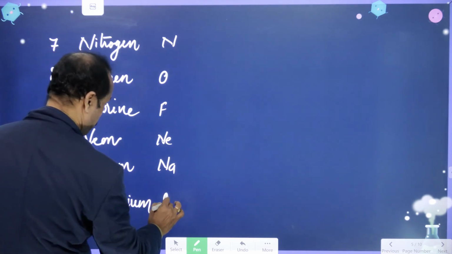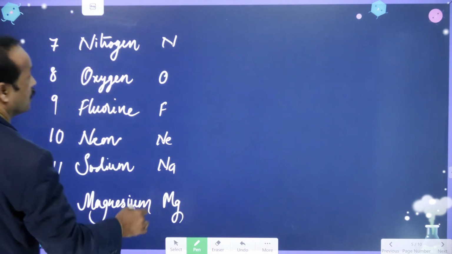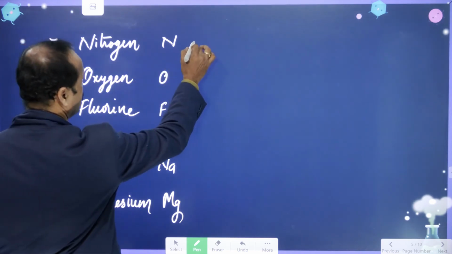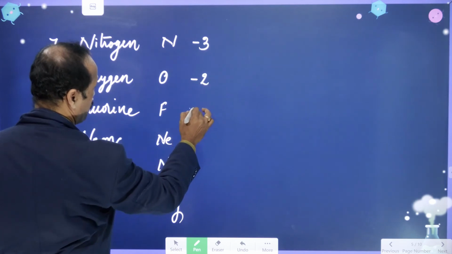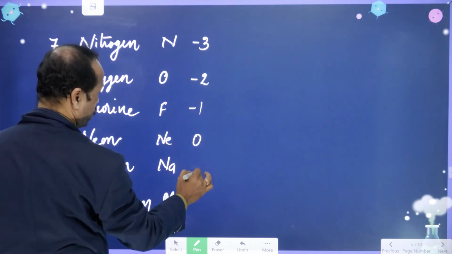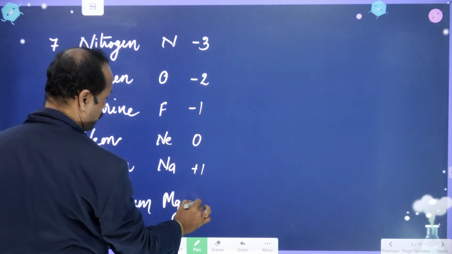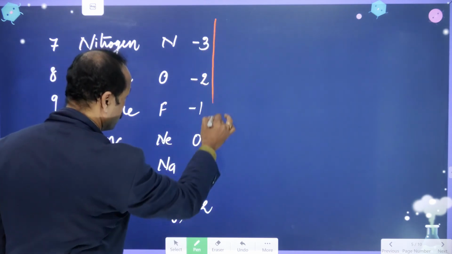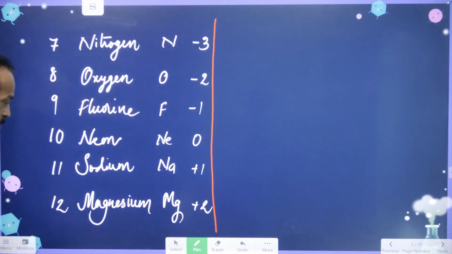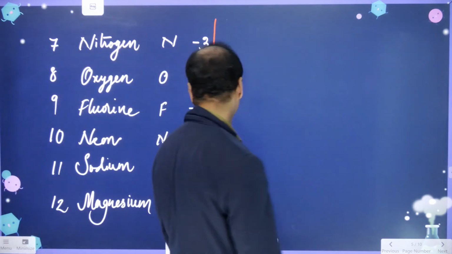Magnesium Mg. And if you come to the charges and valences: -3, -2, -1, 0, +1, +2. Next, I will continue here only.